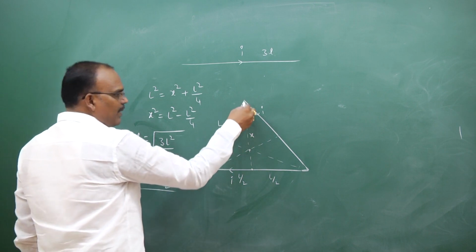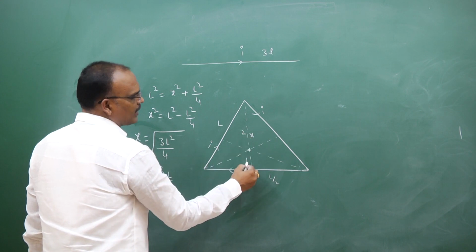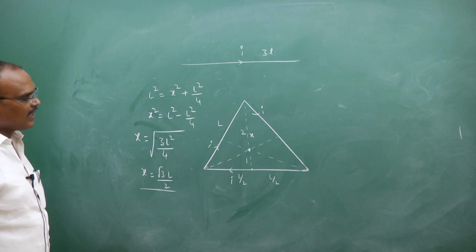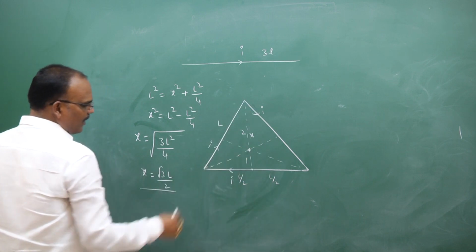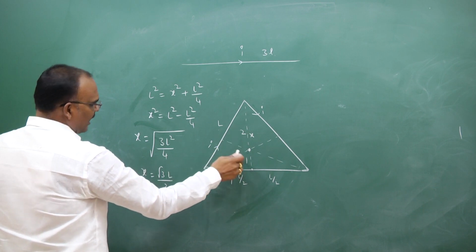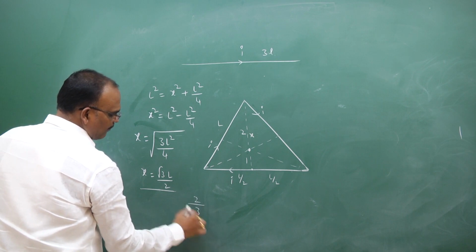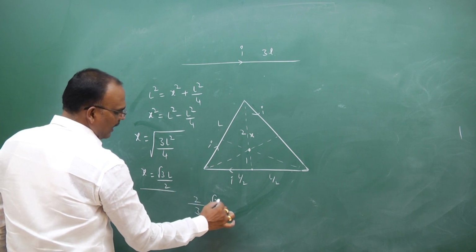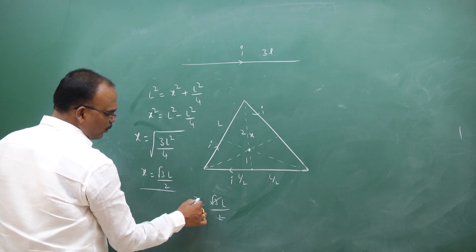But the centroid divides the median in the ratio 2:1. This two portions of the length is how much? Total, the median is divided into 3 parts. Here 2 parts, here 1 part. Total is 3 parts. 2 parts is how much? 2 by 3 into root 3L by 2. Root 3 cancels with root 3, 2 cancels.